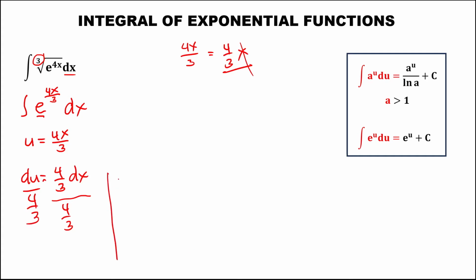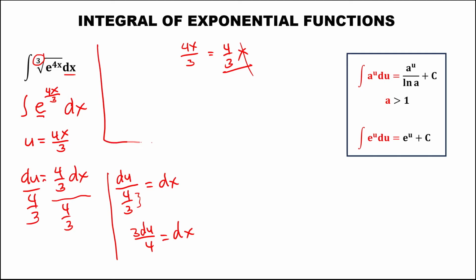So therefore, du over 4 over 3 equals dx. Then for this du over 4 over 3, we just need to take the reciprocal of this 4 over 3. So this becomes 3 du over 4 equals dx.